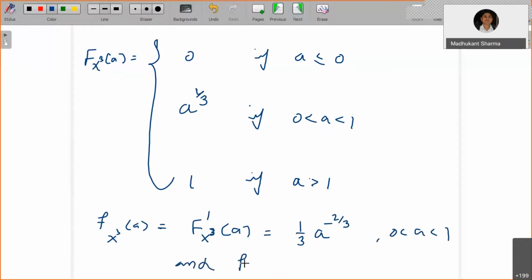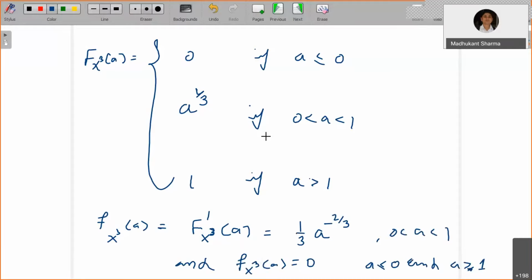And f of X cube of a is equal to 0 in the other cases, meaning a less than or equal to 0, and a greater than or equal to 1. So you have the density function now.